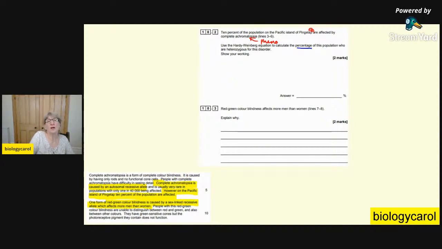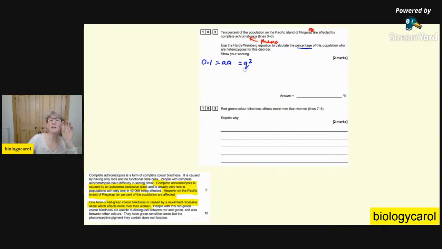Now, those that show complete achromatopsia, it's an autosomal recessive allele. So it's little a, and the proportion is 10%. 0.1 equals q squared. This is because the Hardy-Weinberg equation, p squared plus 2pq plus q squared equals 1, is talking about the genotype of the population and therefore the phenotypes.